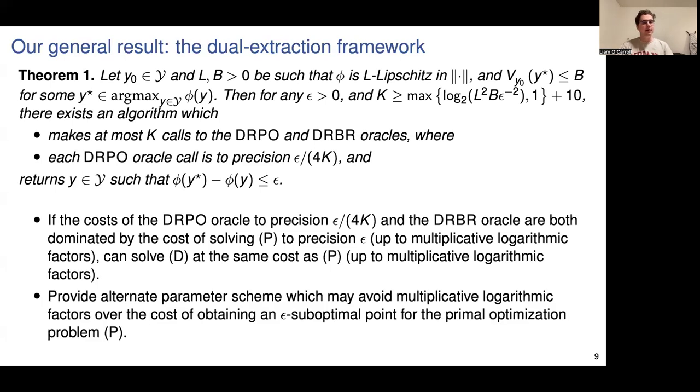And we note that this is really actually a corollary of a more general result in our paper. In particular, it comes from fixing a particular choice of parameters in that more general result.